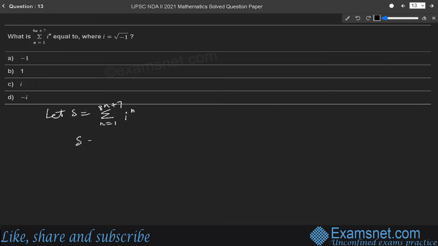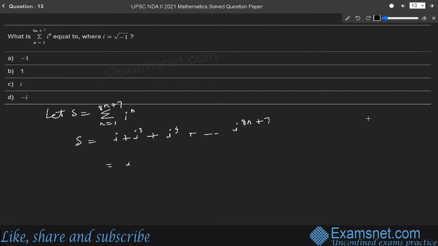So this term can be further written as I plus I cube plus I to the power 4 plus so on up to I to the power 8n plus 7. So this is a sequence which is formed here.